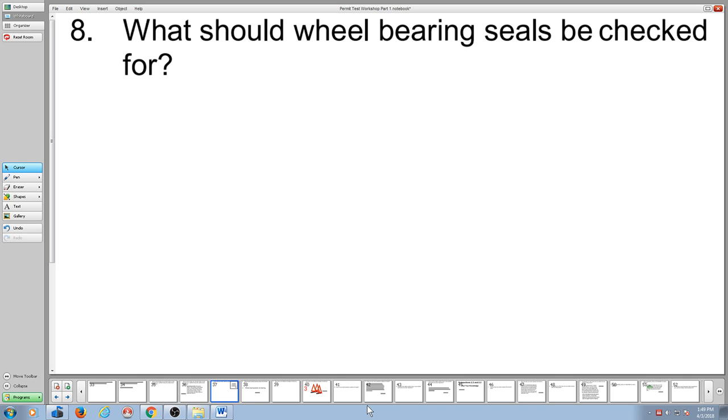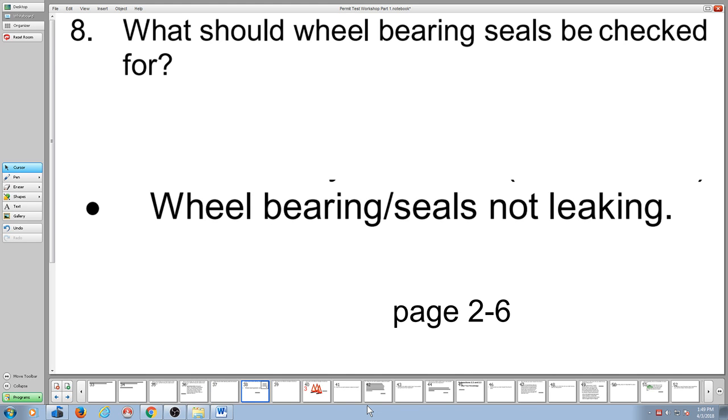So grease, or I believe what the answer they're looking for is, not leaking any sort of oil, because I believe what they're talking about is a hub oil seal. That's what we would call it on a pre-trip inspection. And yeah, that can leak oil, and you'd be able to identify that by the splatters around the rim.